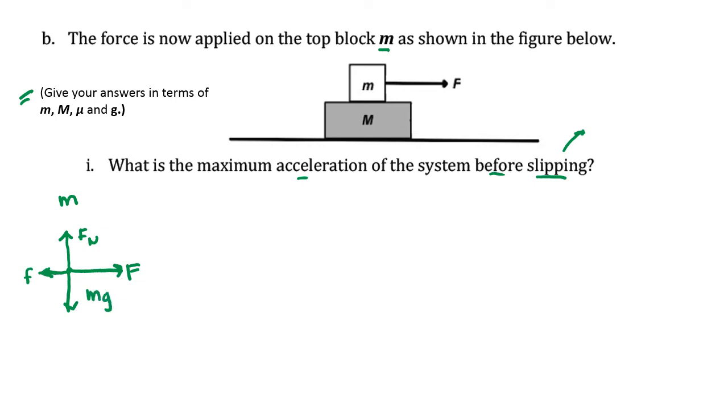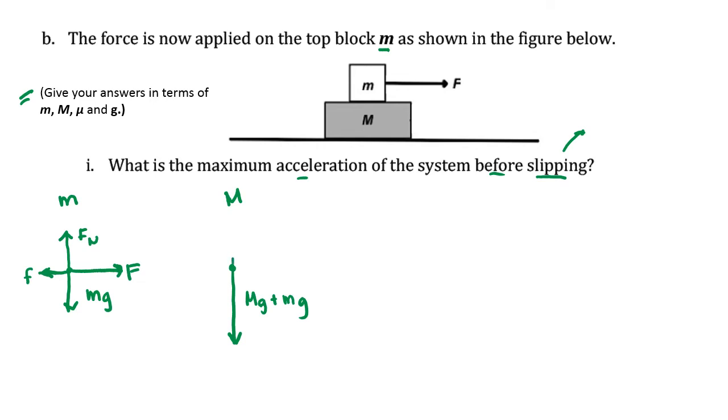And we also have the weight of the smaller block. Now for the capital M, or the bigger block, we have the following. Since the smaller block is on top of it, the downward force would just be equal to the sum of their weights, so that's capital M g plus small m g.